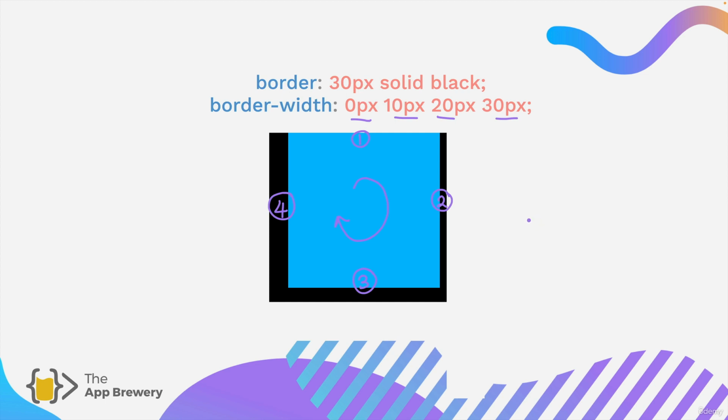And what that does is it sets 1 and 3 and then it sets 2 and 4. For example, if my border width I had set to 0 pixels and 20 pixels, then what that would do is it would set 2 and 4, which is the left and right, to 20 pixels, and then it would set 1 and 3 to 0 pixels. This then becomes top and bottom, and then we've got our left and right.